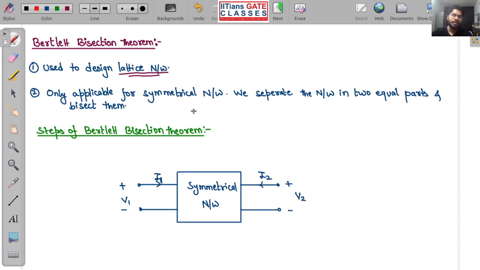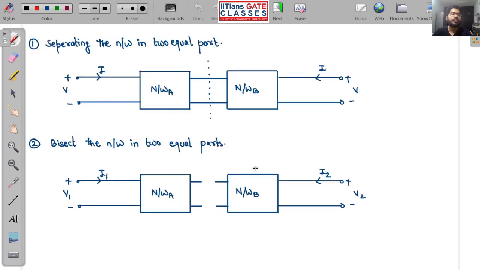Suppose I have a symmetrical network, something that looks like this. So how are we going to design the lattice network? Let us check that. I will divide it into two equal halves, network A and network B. Then I am going to bisect the network in two equal parts. So first step is separating the network in two equal parts, then bisecting the network.